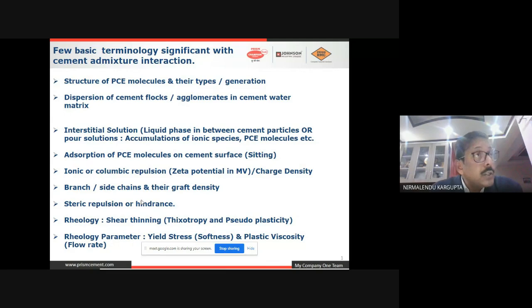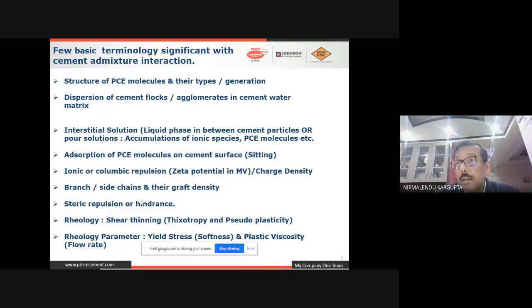So interstitial solutions. What is called interstitial solution in admixture technology? Interstitial solution is nothing but a space between two cement particles in which some pore fluid remains, where the accumulation of all ionic species is collected, like sulfate ions.